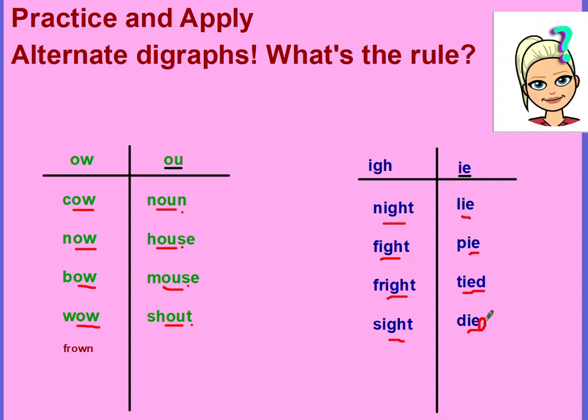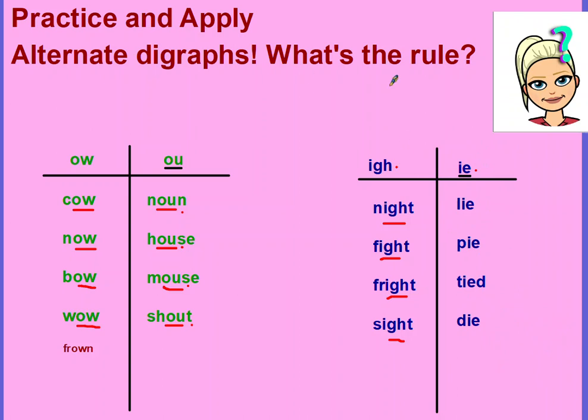Now, we could add a suffix to the end of all of these, so we could have lied, died, as well as tide. However, if you're looking at just the root word, so the main part of the word without any suffix or prefix, if it is the I sound at the end of a root word, it is generally made with the IE spelling.